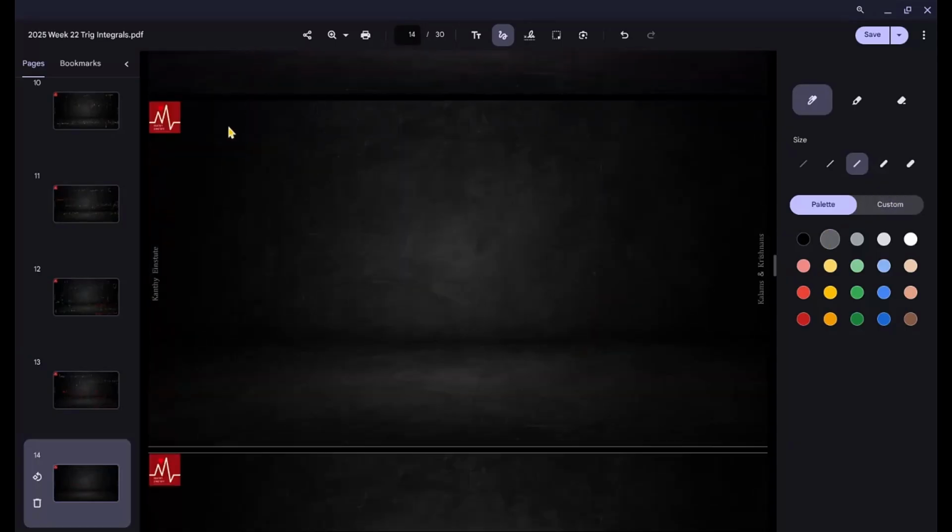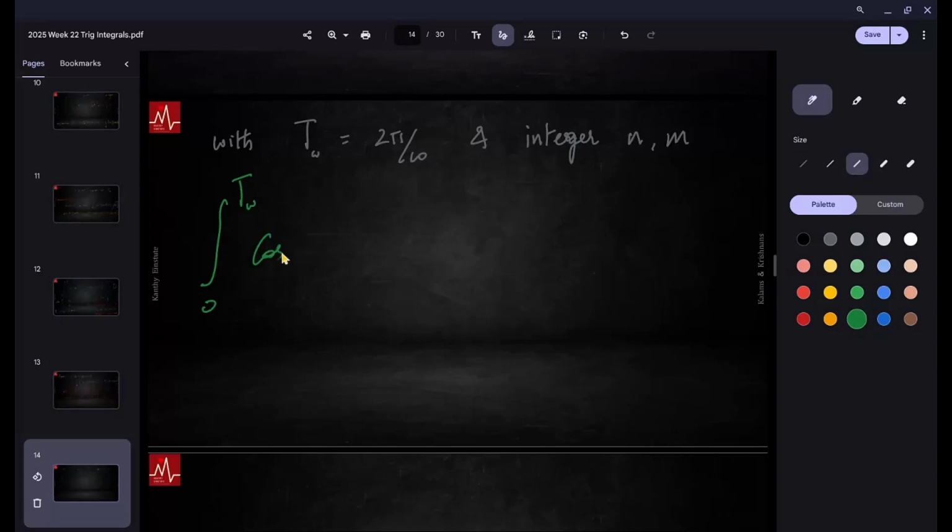So same story. What would this be? Integral from 0 to time period of cos n omega t cos m omega t dt.